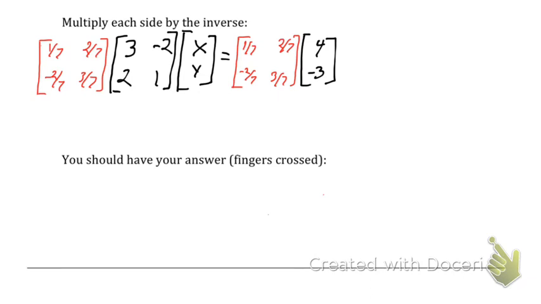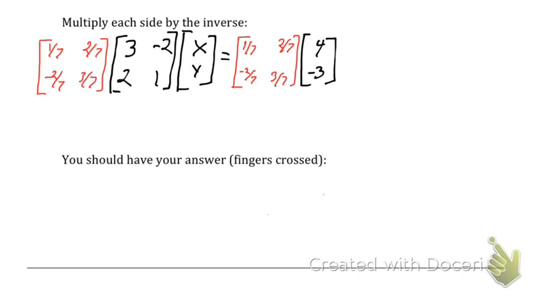Now the whole point of multiplying by my inverse is I basically get rid of that thing that's in front of our x and y. Think about when I have 3x equals 9. I divide both sides by 3 to get rid of the 3. That's what's happening here. This is the inverse of a matrix times a matrix. That just results in the identity matrix, which in matrix world is really just 1.